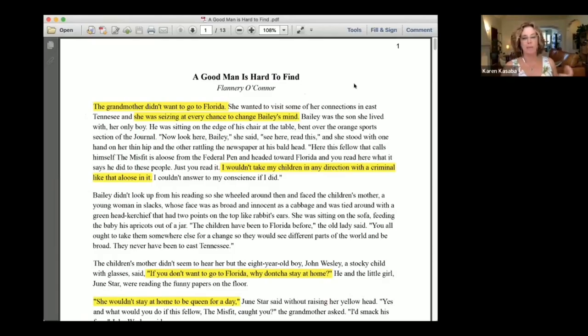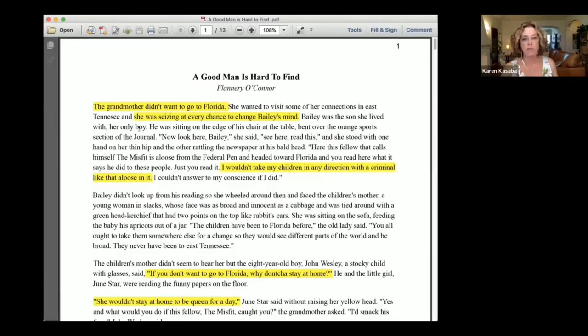So that sets up who is one of the main characters in the story. It sets up that it might be her point of view, but the point of view turns out to be more omniscient in this story. And it lays out for the reader, oh, what's in Florida? Why doesn't she want to go? There's an intrigue there that comes just from that short, innocuous sentence.